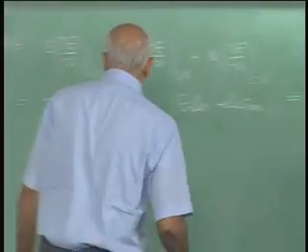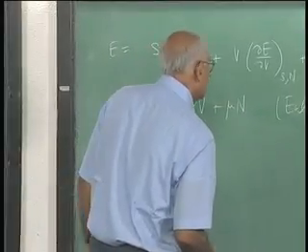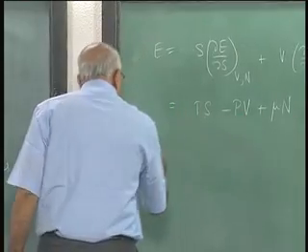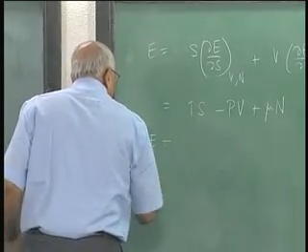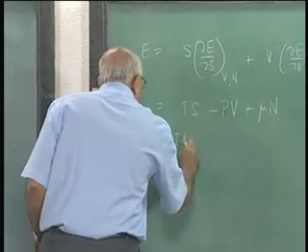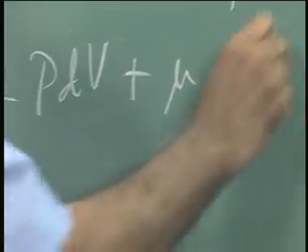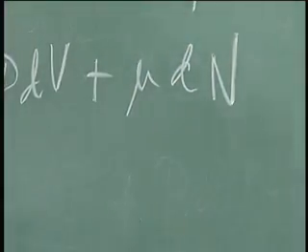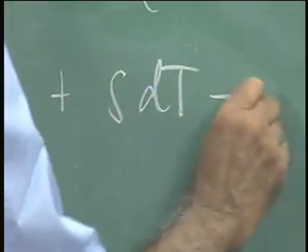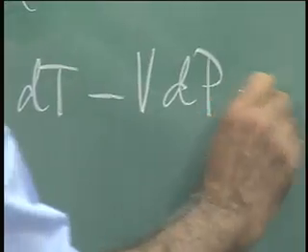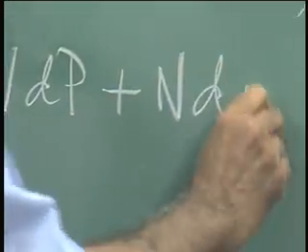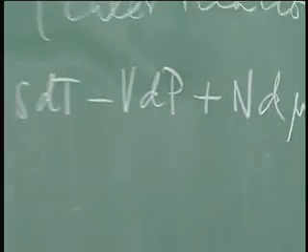Since E is equal to this, we could ask what is dE, and that is equal to TdS minus PdV plus mu dN. I differentiate all these terms here, but then there are extra terms, plus S dT minus V dP plus N d mu. So that is the total dE.